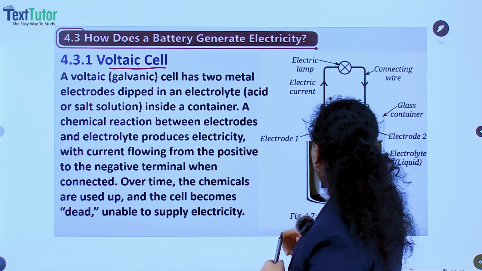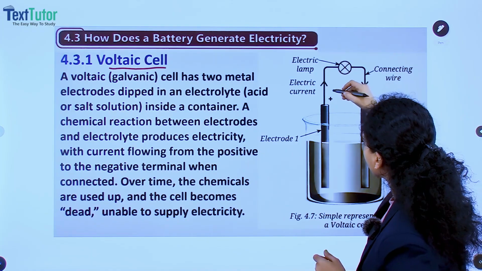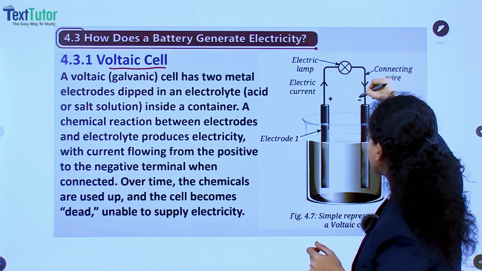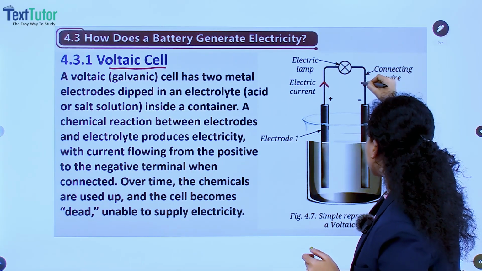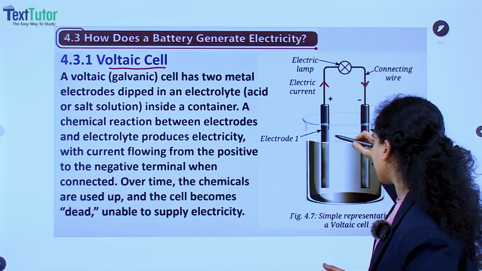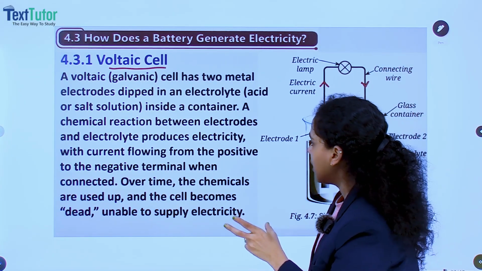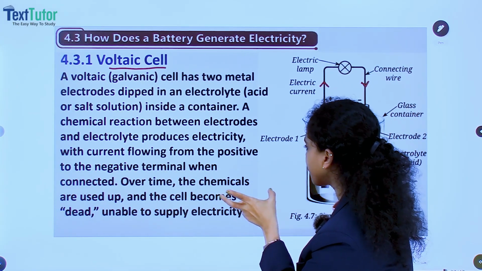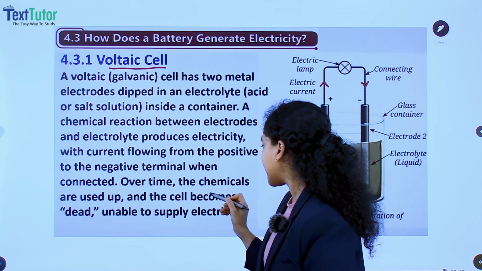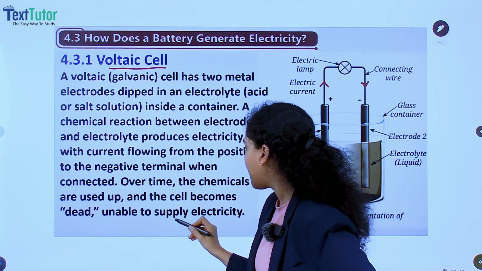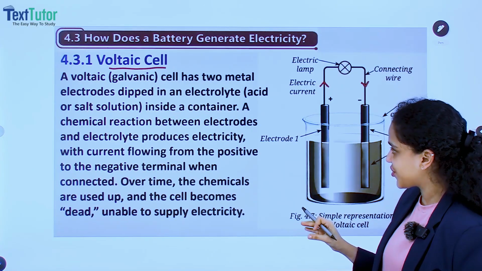The current flows from the positive terminal to the negative terminal. Over time the chemicals are used up and the cell becomes dead, unable to supply electricity.